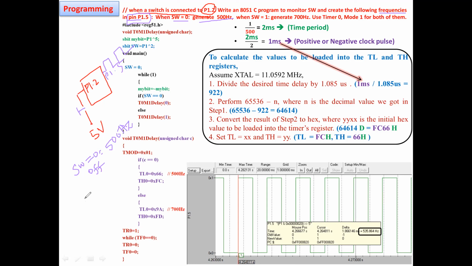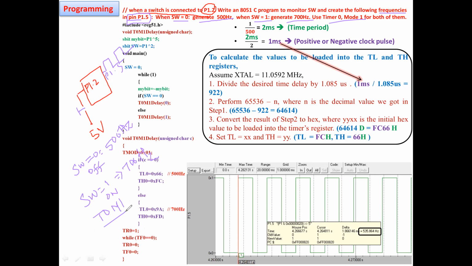program. Similarly, when the switch is equal to 1, that is the switch on condition, generate 700 hertz. In the question they have told us to use timer 0 and mode 1 operation.